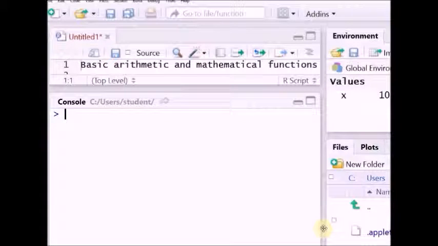So already you know, if the remainder is 0, that means it's an even number, and if the remainder is 1, that means it's an odd number.